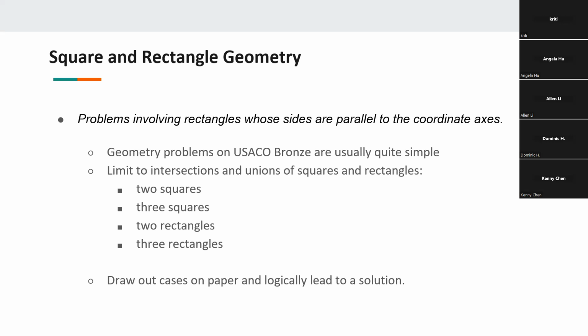They give you the coordinates of those squares or rectangles, then do some calculation based on those coordinates. One typical example is giving you two rectangle coordinates, and then figuring out how much the two rectangles overlap with each other.